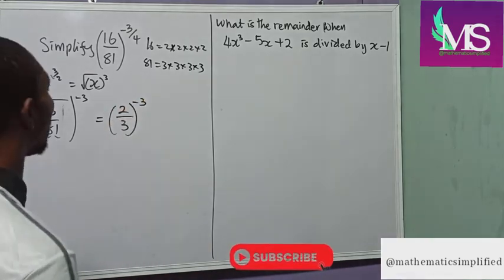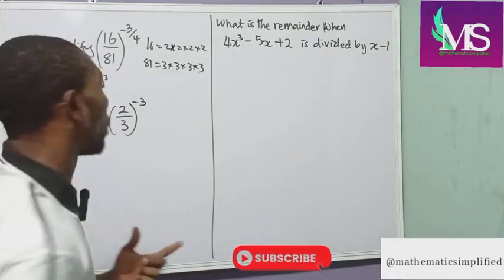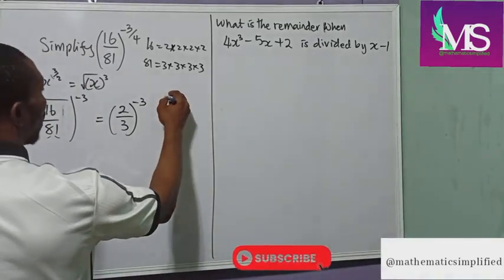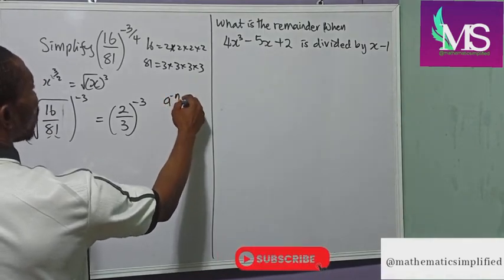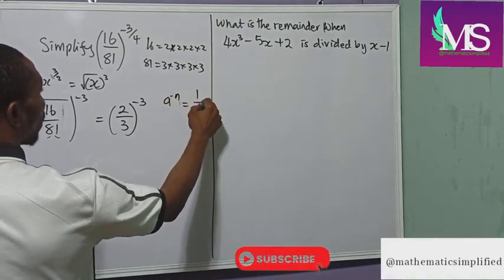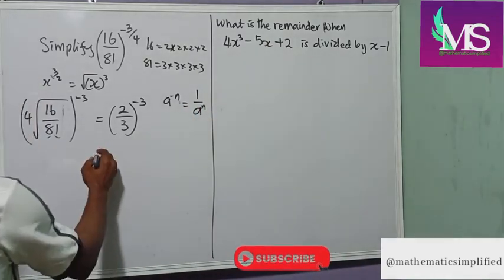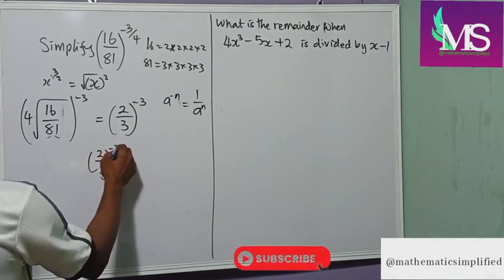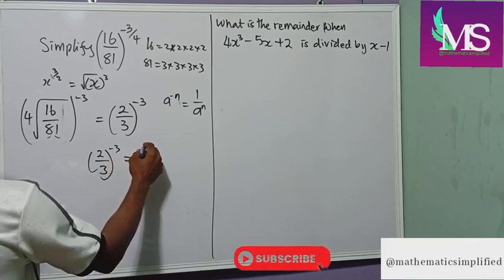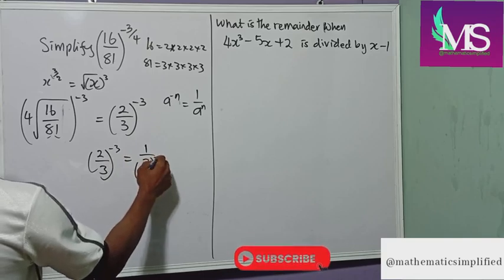Now, in our indices law, when we have a raised to the power minus n, this will be 1 over a raised to the power n. So applying this law here, 2 over 3 raised to the power minus 3 will give us 1 over 2 over 3 raised to the power 3.